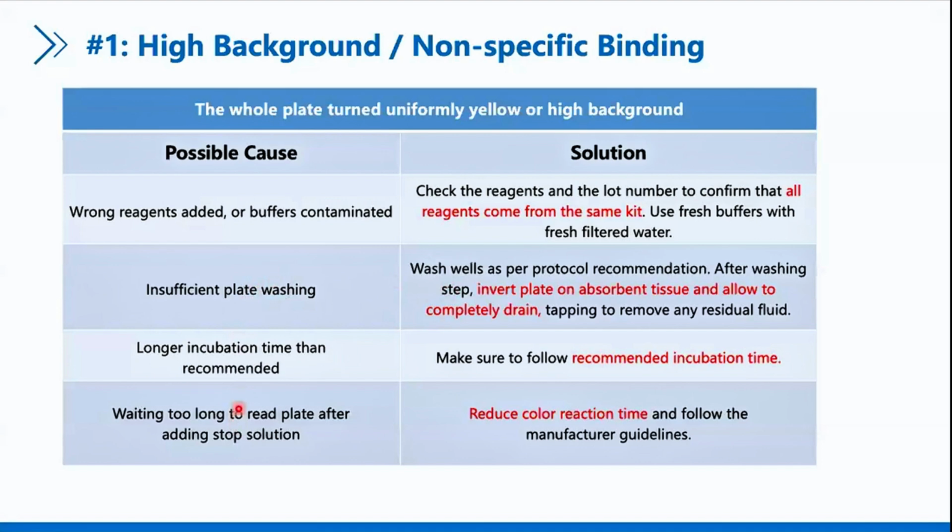The next one is about longer incubation time, or longer waiting after you add the stop solution. A longer incubation time can usually affect the binding process between the antigen and the antibody, and this will also lead to non-specific binding and increased cross-reactivity. And a long color development time can also affect the enzymatic reaction, because the enzymatic reaction happens between the substrate and enzyme.